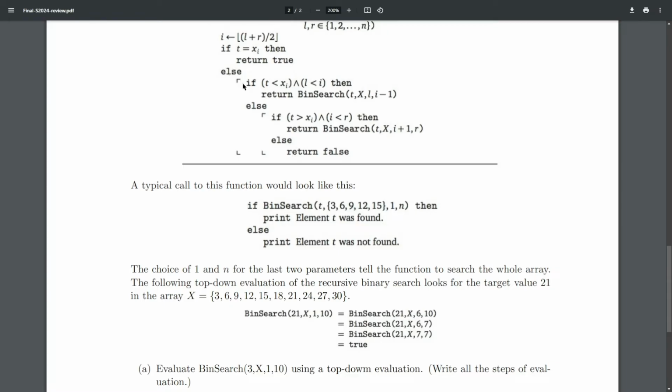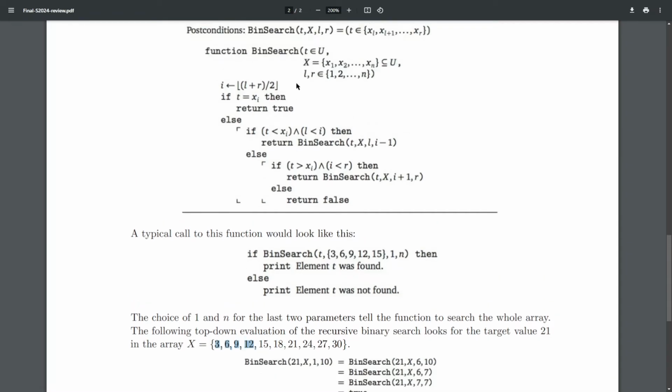The else part says if t is less than x of I, so if 3 is less than 15, and 1 is less than 5, which is also true, then we return binary search of 3, x, 1, and 4. Okay, so we're gonna check this part, 3, 6, 9, 12, and we're going to start over again.